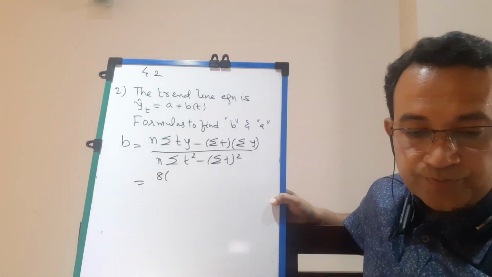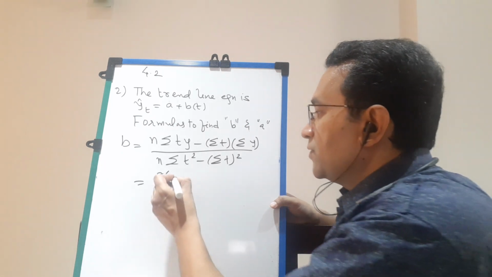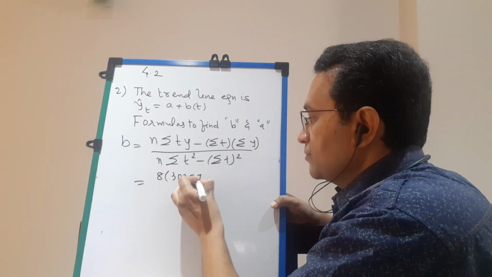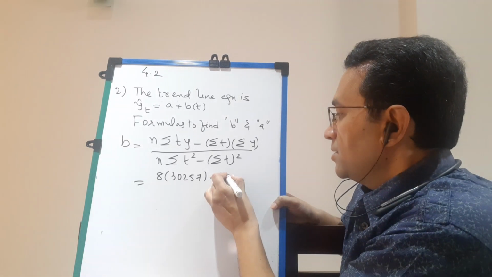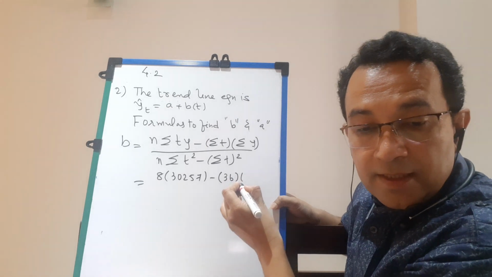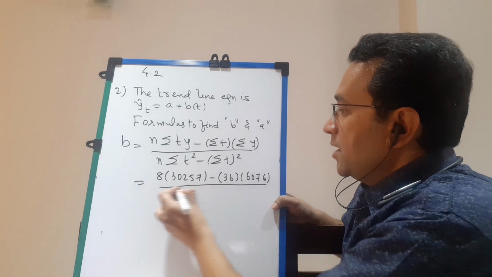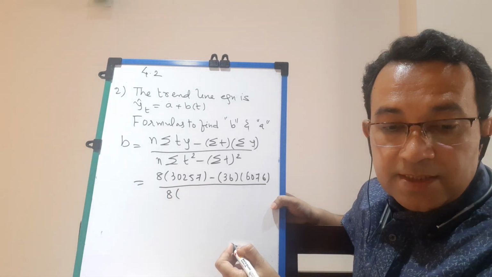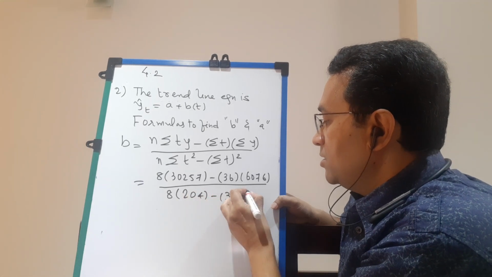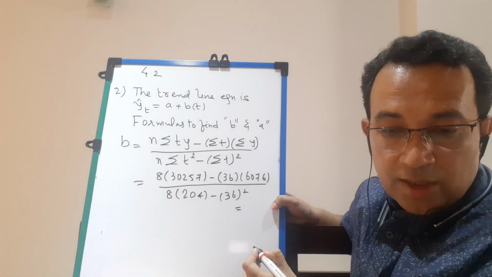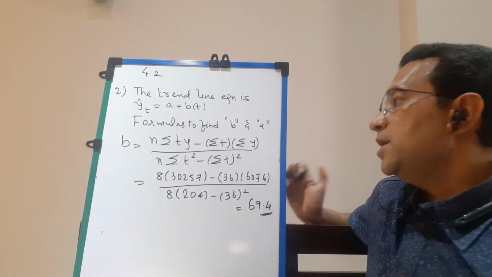8 into sigma ty is 30,257. Sigma t is 36. Sigma y is 6076, upon n sigma t square, which is 8 into 204, minus sigma t the whole square, and this comes out to be 69.4, which I have already simplified.